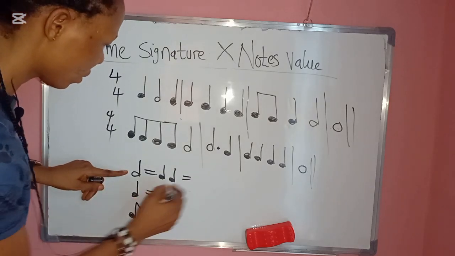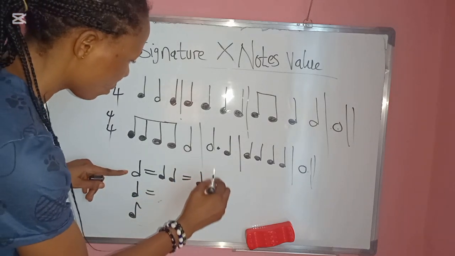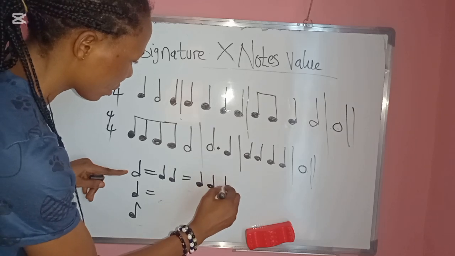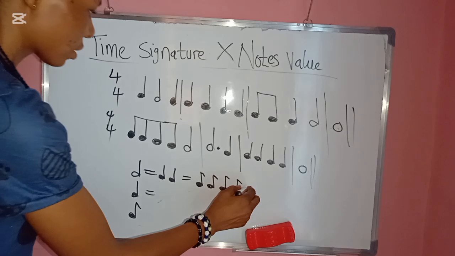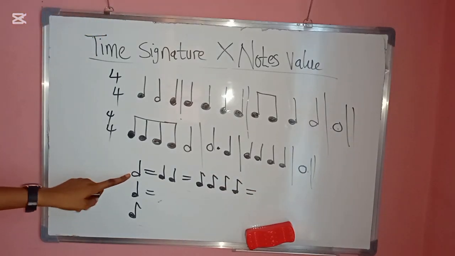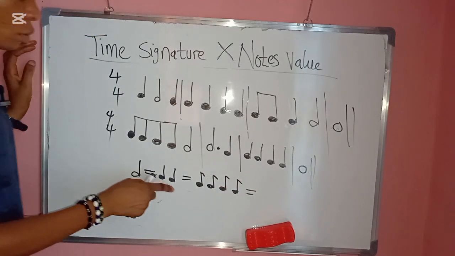And to have a minim, you need 4 quavers. You see, this one, minim is equal to 2 crochets.